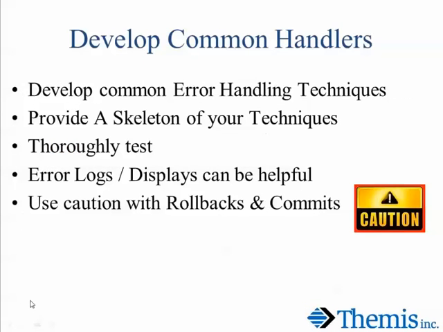Now, I want you to make sure you develop common error handling techniques. Provide a skeleton of your technique. You need to make sure these techniques are thoroughly tested. You want to set up some kind of an error log or display for helpful debugging. And be very, very cautious of issuing rollbacks and commits within the process.